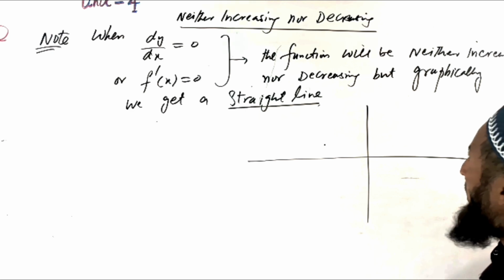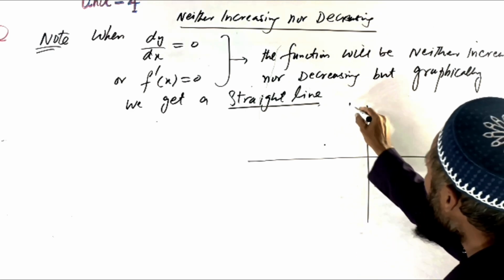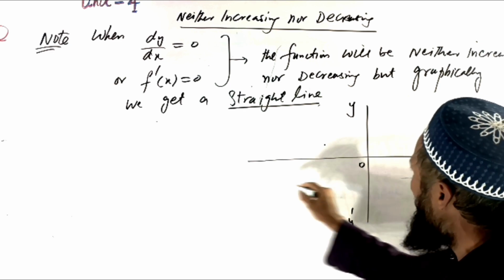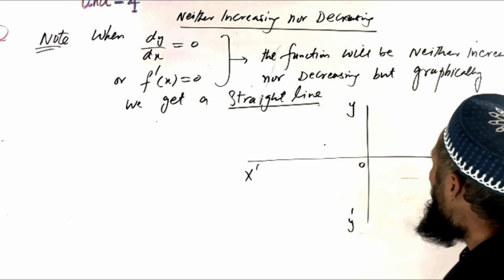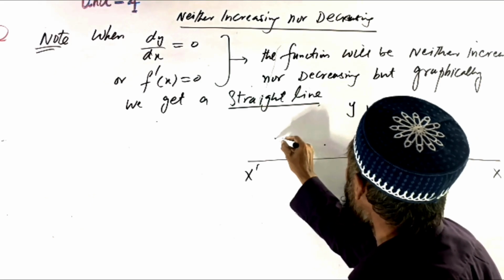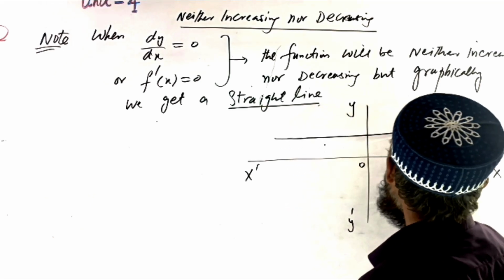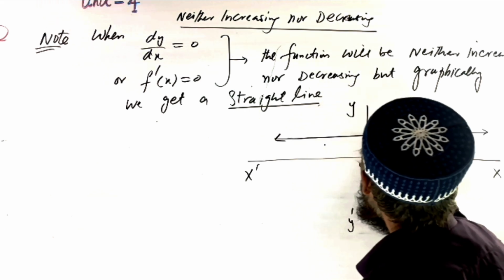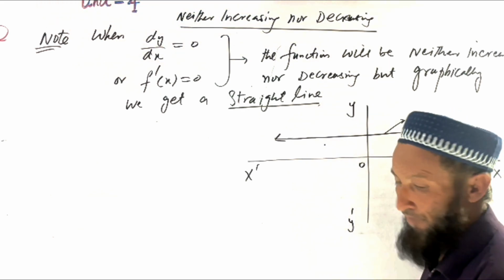Neither increasing nor decreasing, that is y and y dash and x dash. If we draw any line which must be constant, so the function lies, that is called constant.